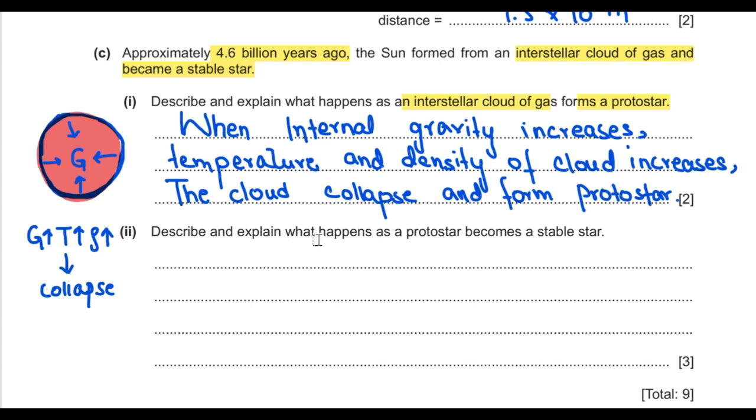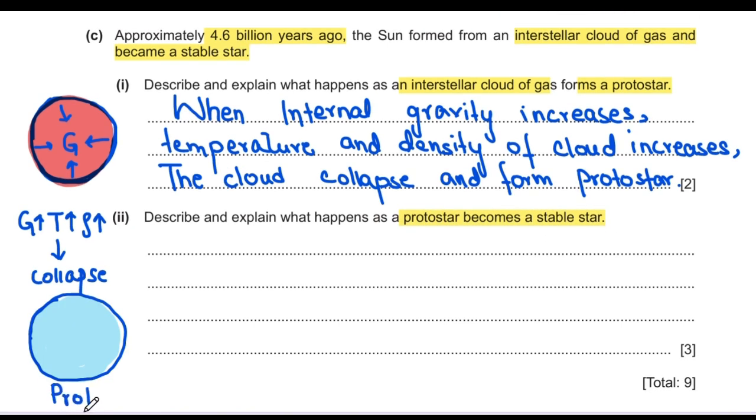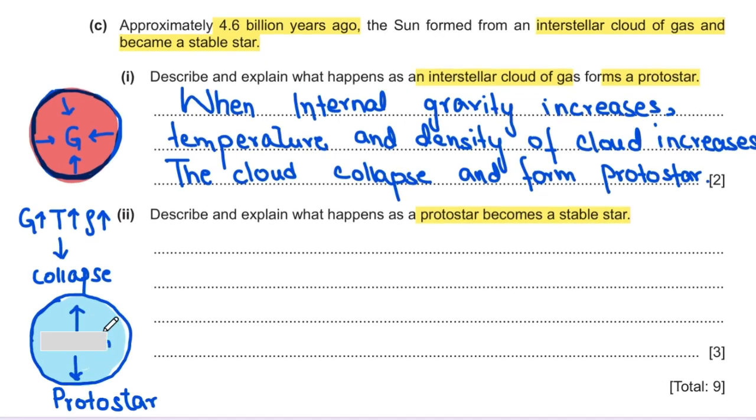Second question says describe and explain what happens as a protostar becomes a stable star. So for example, this blue ball is a protostar. Now there is a fusion reaction occurring in the protostar in which hydrogens are combining to make helium, and the temperature produced is making an outward force on this protostar, and there is also a gravitational pull of the star which is acting inward.